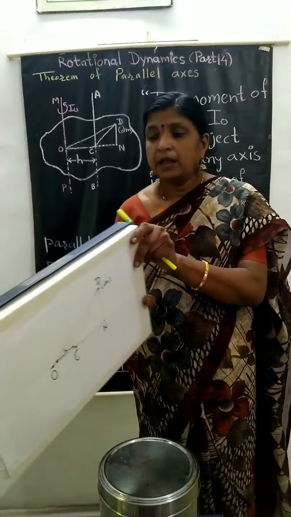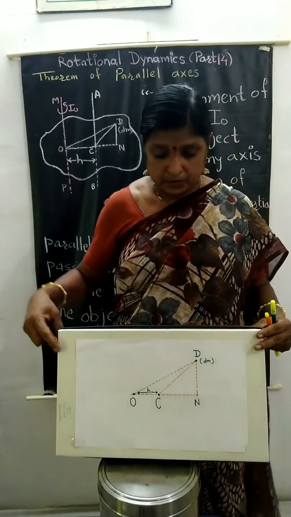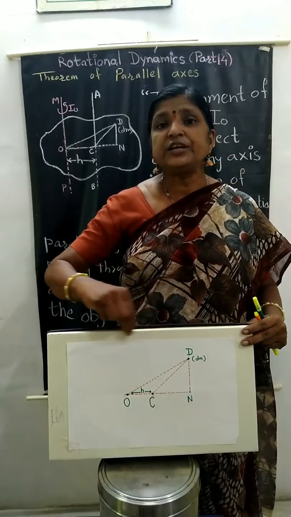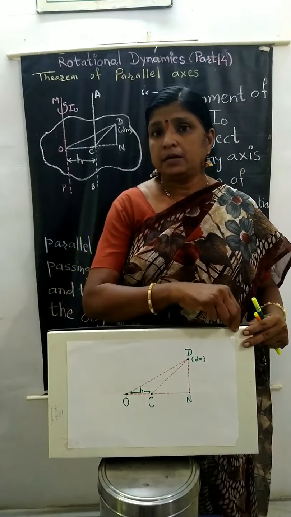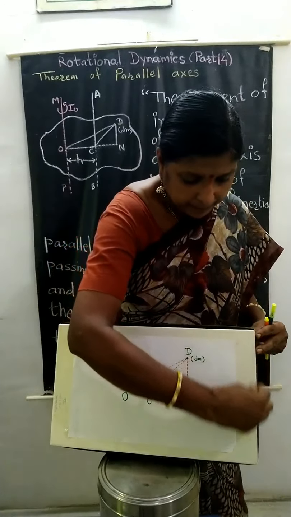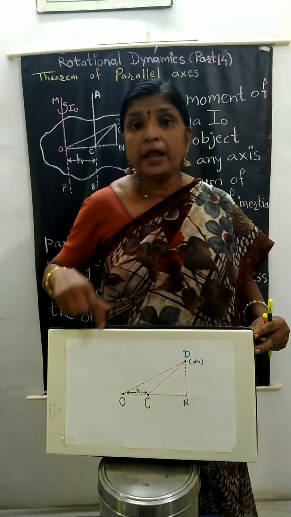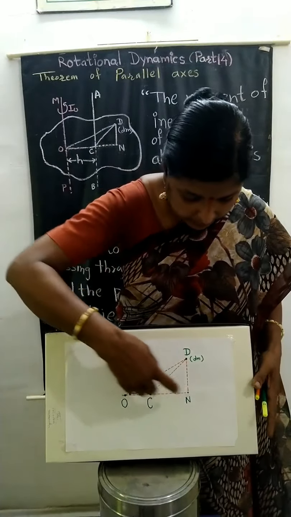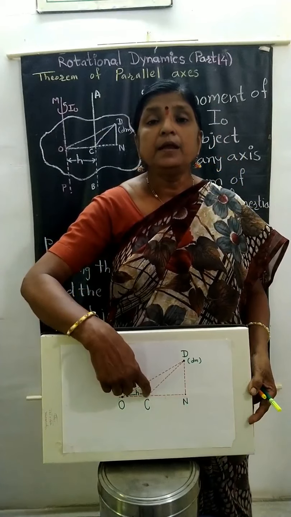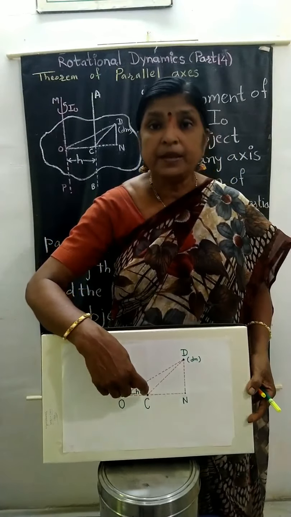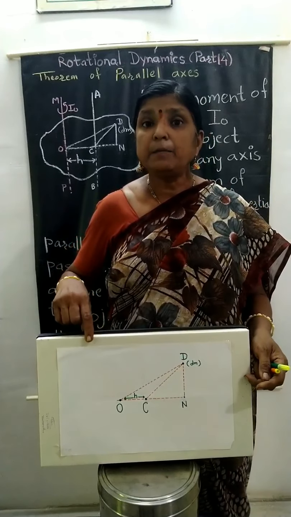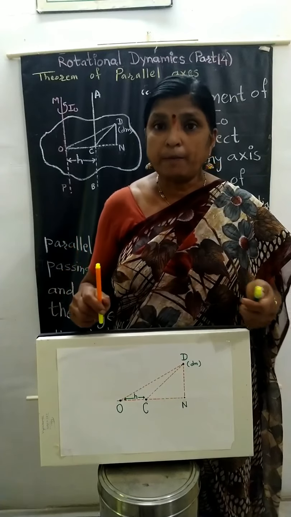And if we consider only a thin sheet of metal as a rigid body, then for this thin sheet of metal, this C will be the center of mass of the sheet. Hence, one axis must pass through the center of mass.